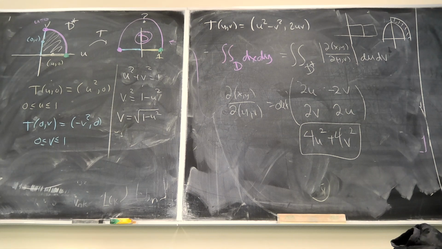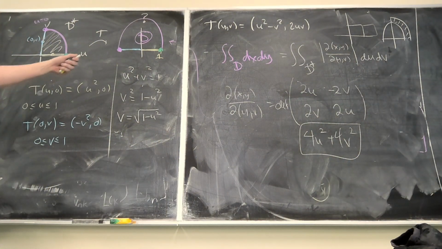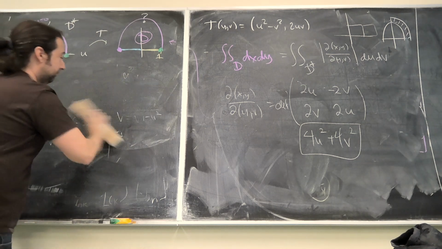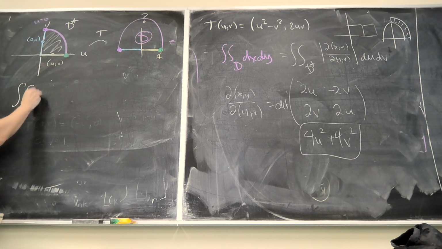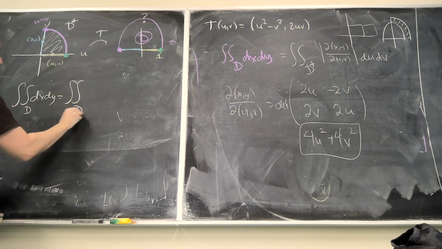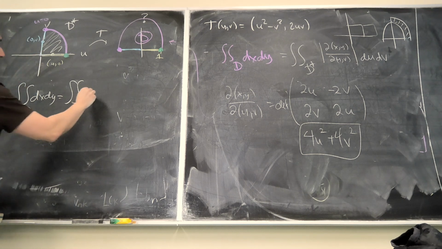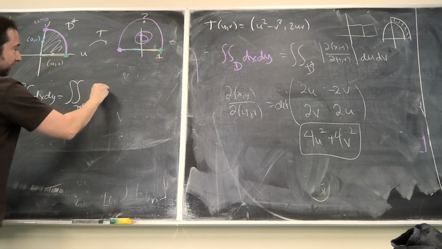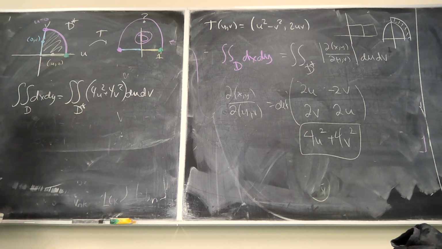And now notice, after all this work of figuring out what happened to this region, the problem boils down to the double integral of dx dy over D equals the double integral over D star, which is this semicircular region, of 4u squared plus 4v squared du dv. And that looks an awful lot like something you could do with a polar substitution.